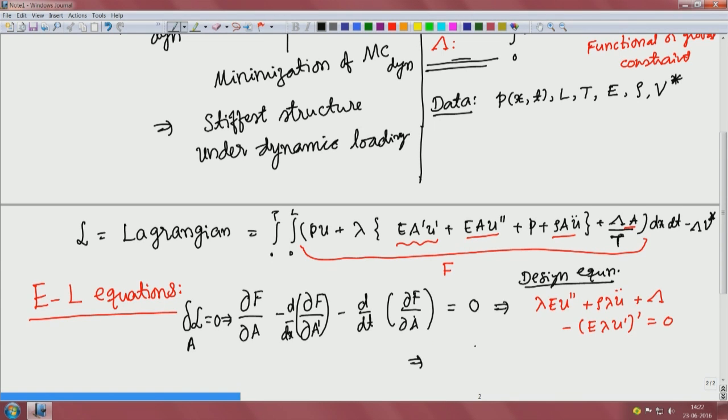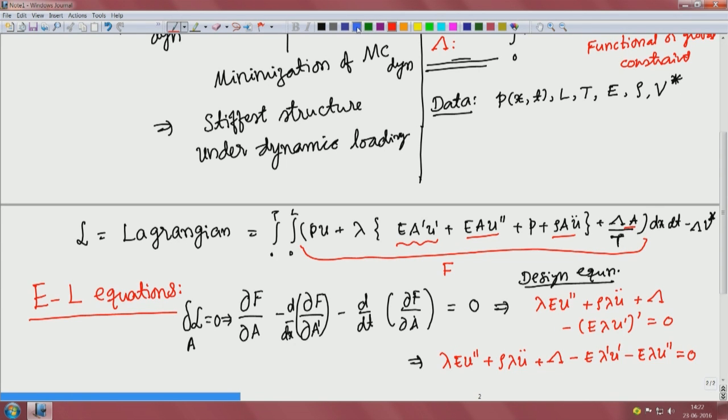So, we have lambda E u double prime plus rho lambda u double dot plus capital Lambda, and if I expand the last term, that will be E lambda prime u prime minus E lambda u double prime, equal to 0.